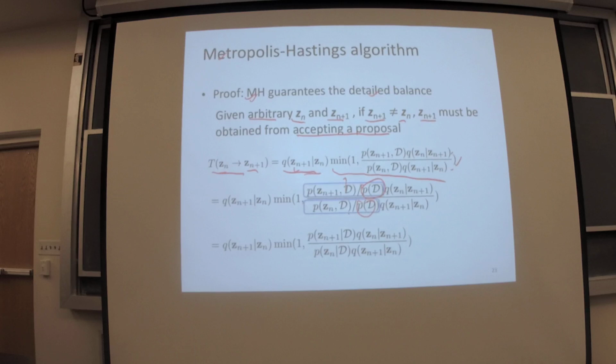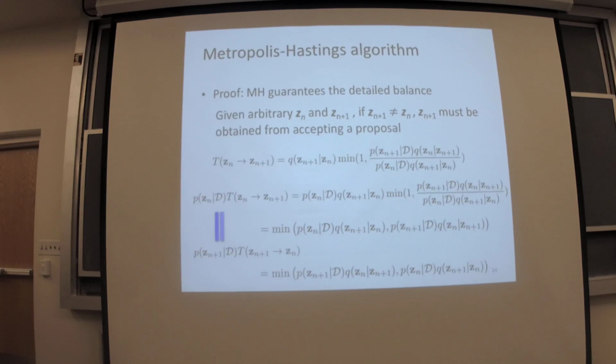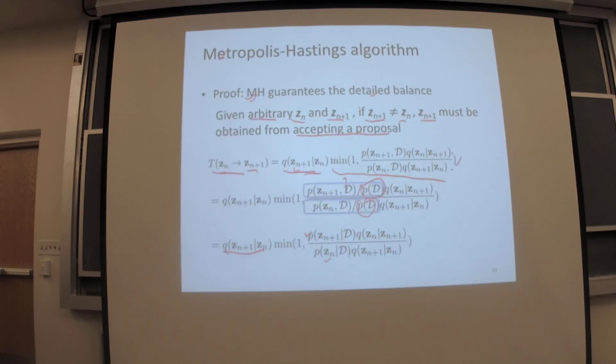Now, if you divide both sides by this P of D, you have the posterior distribution of Zn plus 1 given D in the numerator, and the posterior distribution of Zn given D, right? And then you multiply this transition proposal probability. So now, this is a transition kernel, right?